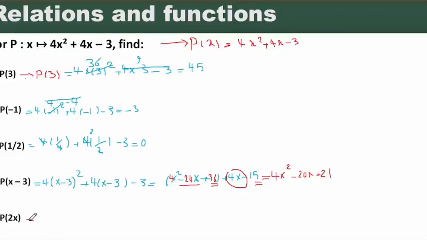For part E, I do the same, substitute 2x instead of x, so I will have 4, instead of x, I put 2x squared, then plus 4, again instead of x, I will put 2x, and then negative 3. 2x to the power of 2 gives me 4x squared. 4x squared times 4 gives me 16x squared.